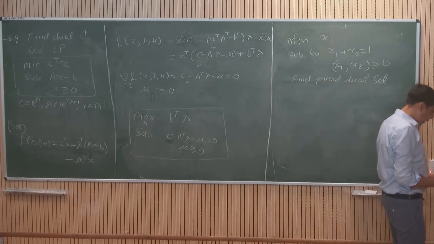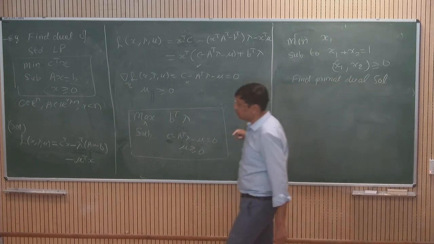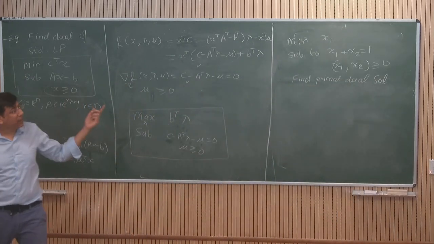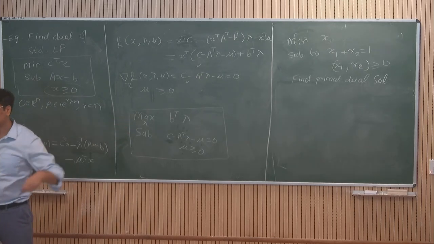So find the primal dual solution. This is actually motivating you towards the interior point method. You apply the necessary and sufficient conditions for a linear program on this and tell me what's the solution.